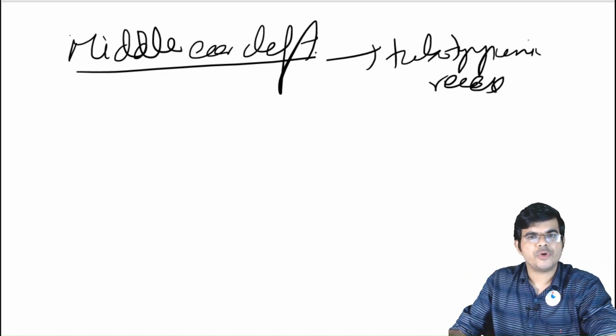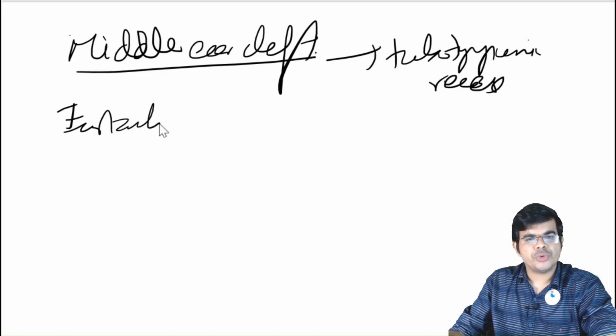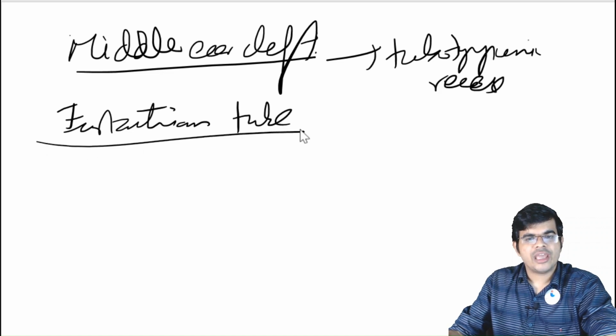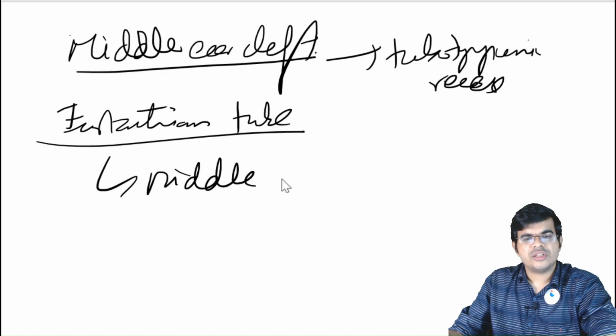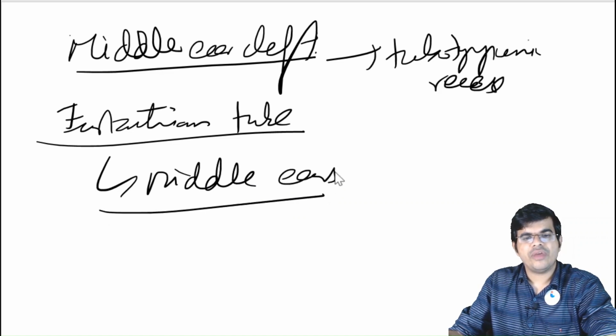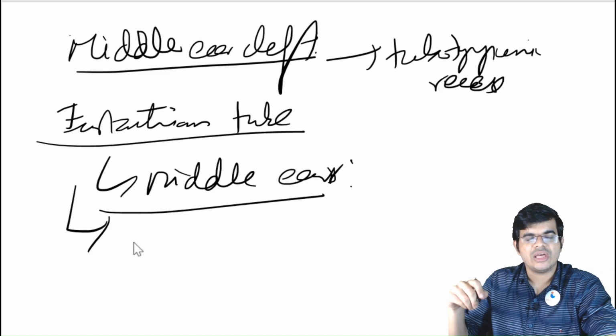And what else did we learn today? We learned in detail about the anatomy of the eustachian tube and how the adult eustachian tube differs from the infant eustachian tube, and we learned about the middle ear, the various walls of the middle ear and various structures within it, right? And then we went on to learn about the various contents of the middle ear such as the ear ossicles.